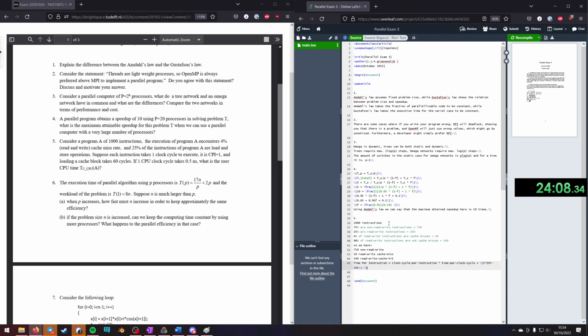And now time to put in many double things because of LaTeX formatting. So time per instruction is that.